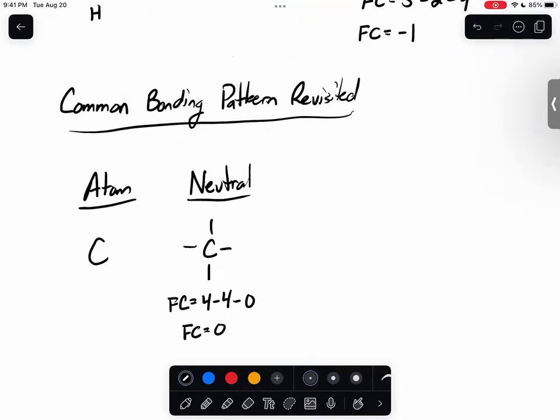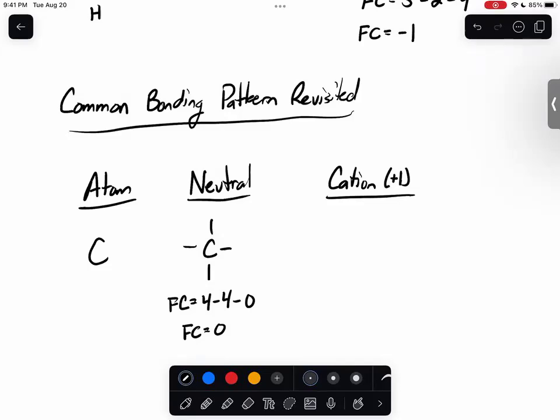But if we wanted to make this a cation, which is a positive one charge, we're going to have to look at how to actually do that. So with carbon, for something like nitrogen, we gave it an extra bond. But for something like carbon, that's not actually going to work for us because essentially, if you give it an extra bond, it's going to have 10 electrons.